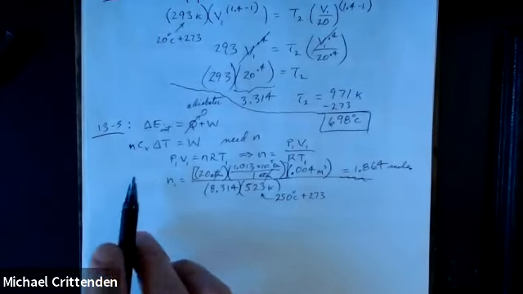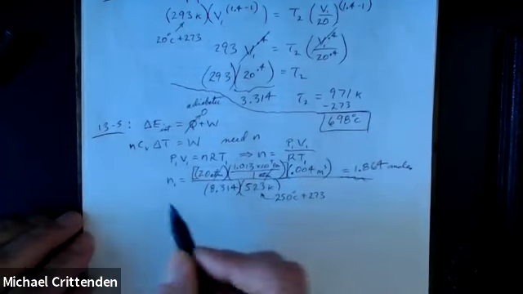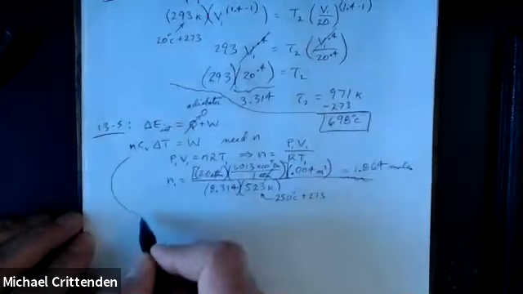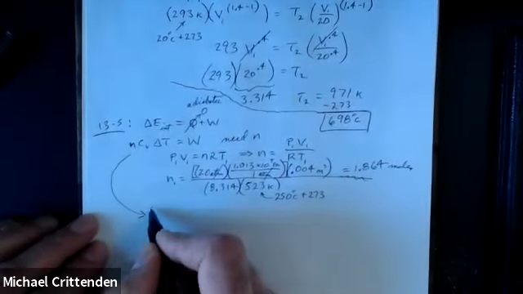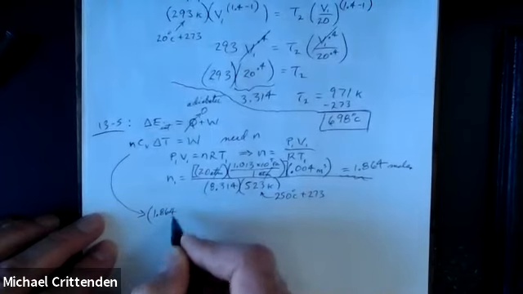Okay. Now we can wrap things up. So N, 1.864 moles.